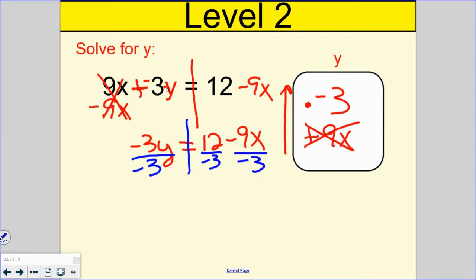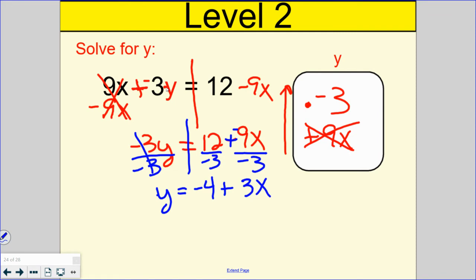And this subtracting 9x, any subtraction, we need to change that to adding negative. That helps a lot. Negative 3 divided by negative 3 is 1. y equals 12 divided by negative 3 is negative 4. And then we are going to have our plus negative 9x divided by negative 3 is positive 3x.